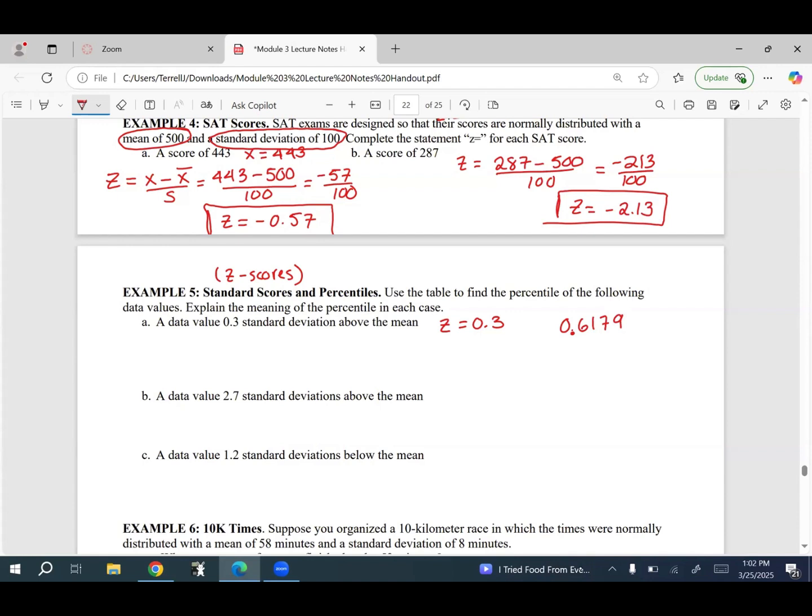I can make that a percent by moving the decimal point 2 places to the right. So what that means is we're in the 61.79 percentile.